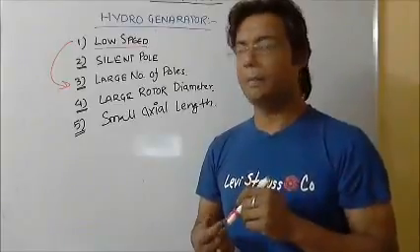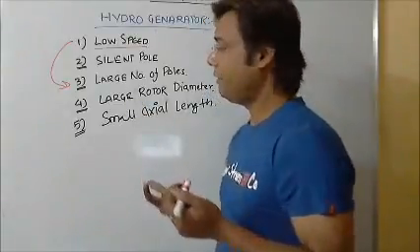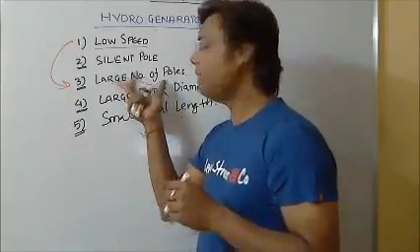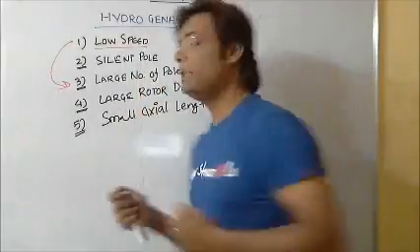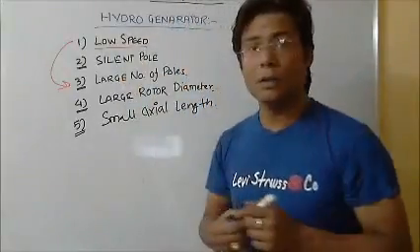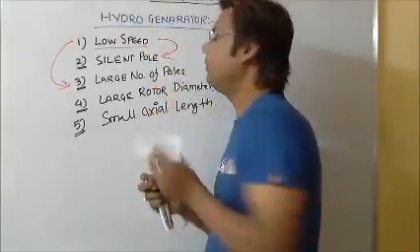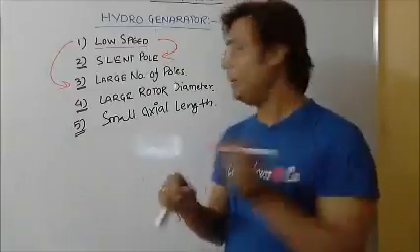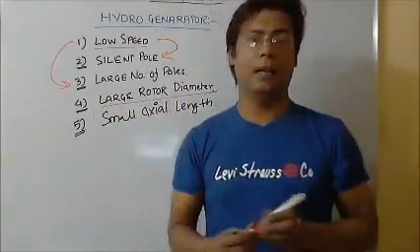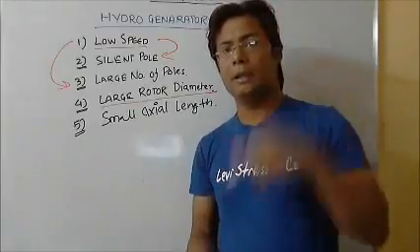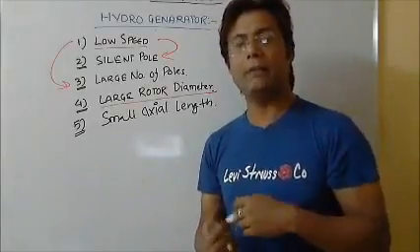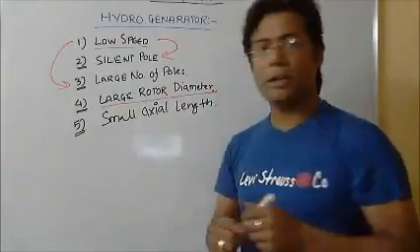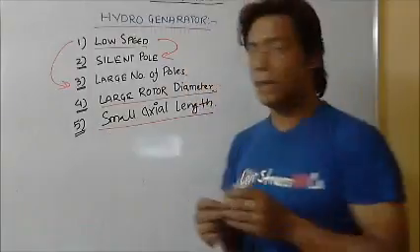You can say it the other way also: since there are a large number of poles in a hydro generator, the speed is low, and since the speed is low, we use a salient pole rotor. Because of the salient pole, the rotor diameter will be larger, so the height of the machine will be high, but it will be compact in nature, with a small axial length for the hydro generator.